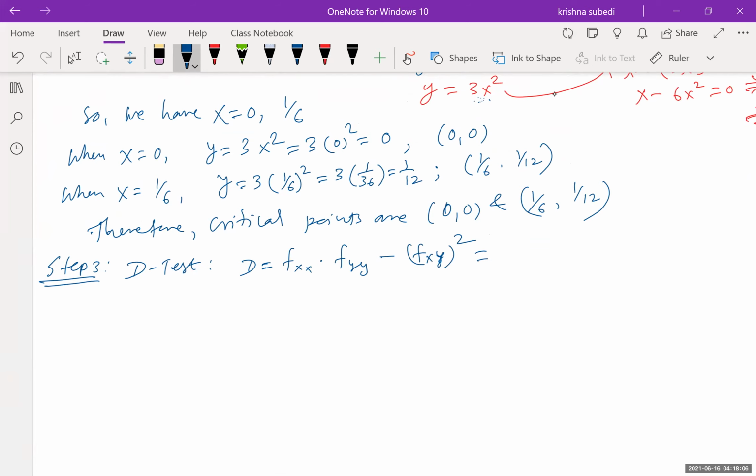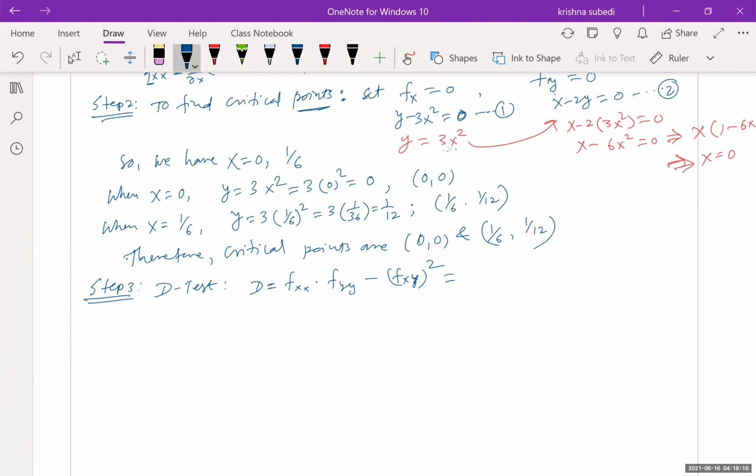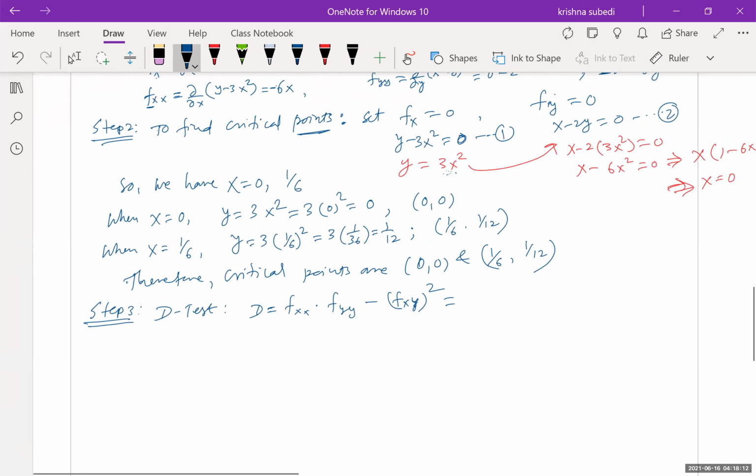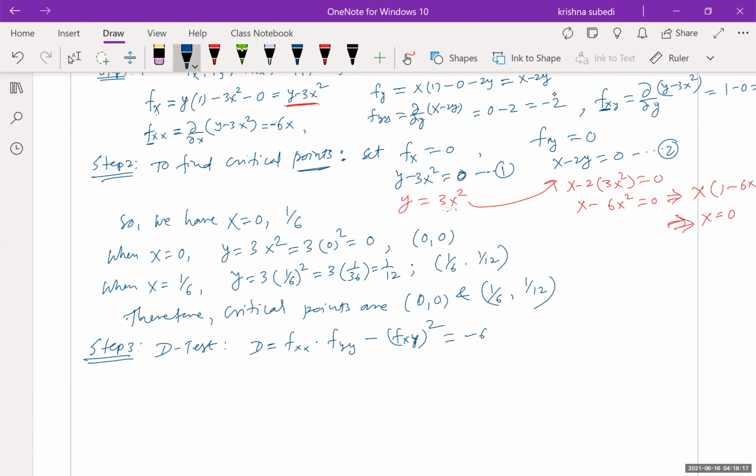So let me substitute the values. F sub xx is, what is that? Negative 6x. I'm just substituting the values.